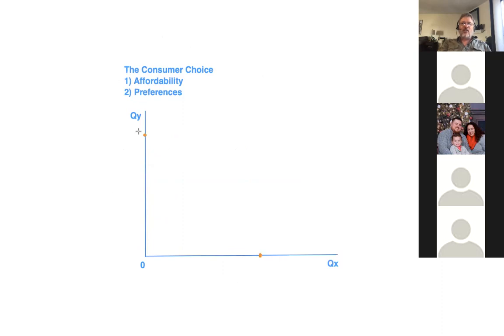Okay. And so this, obviously, is going to be the vertical intercept of our linear equation, and down here is going to be our horizontal intercept.